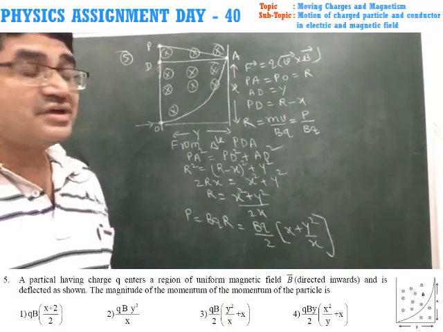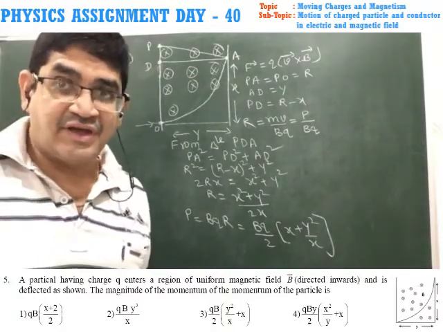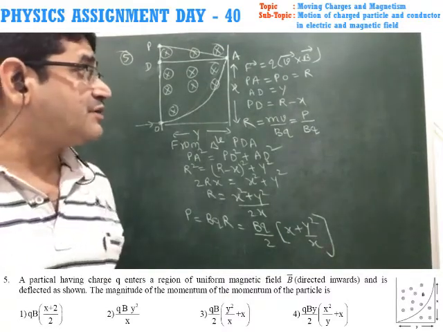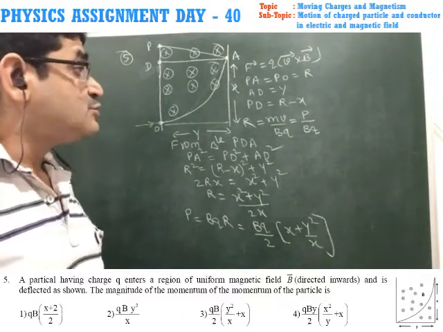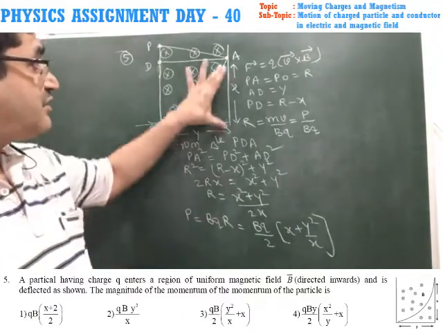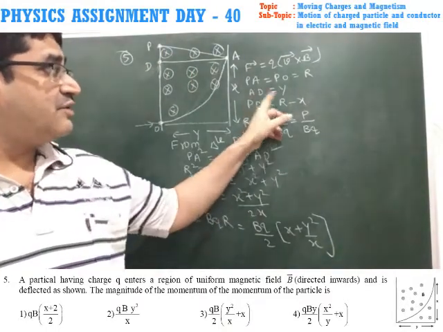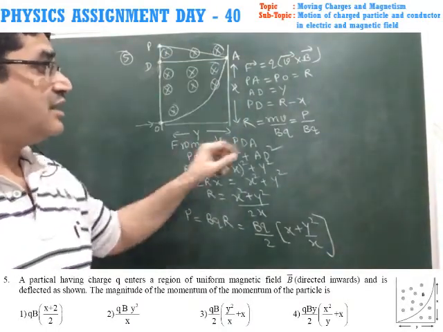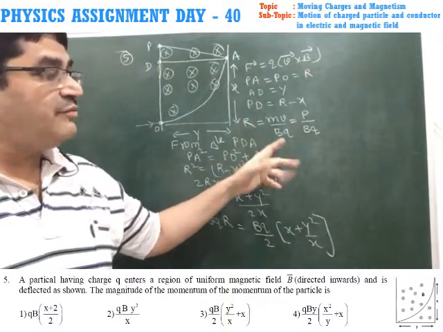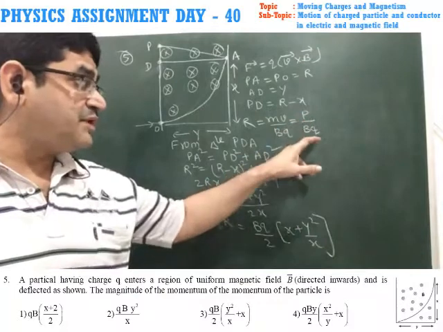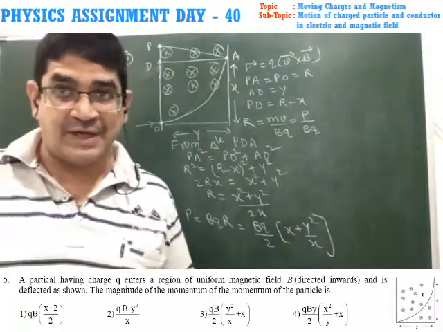Here the particle enters perpendicular to the field, F equals Q into V cross B. So PA equals PO equals R, AD equals Y. So PD automatically becomes R minus X, and this distance is Y. The radius R is always equal to MV by BQ, and MV means momentum P, so P equals BQR.